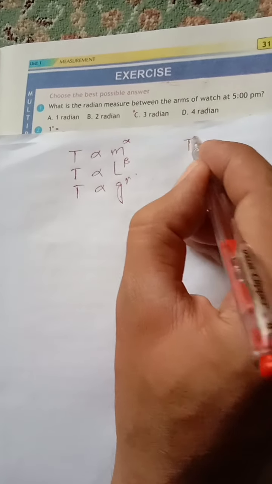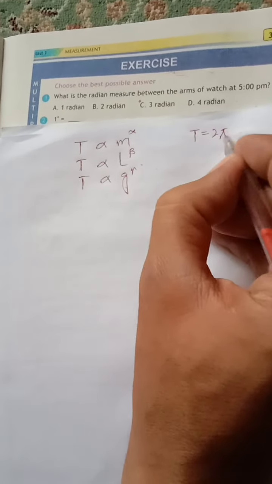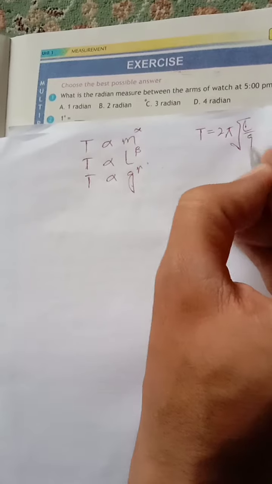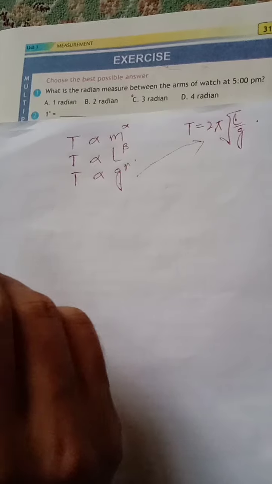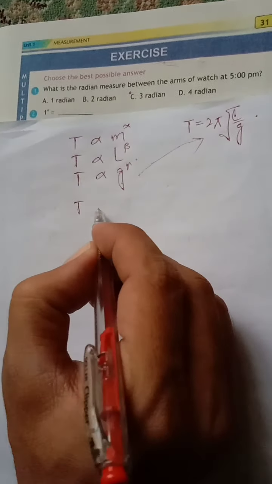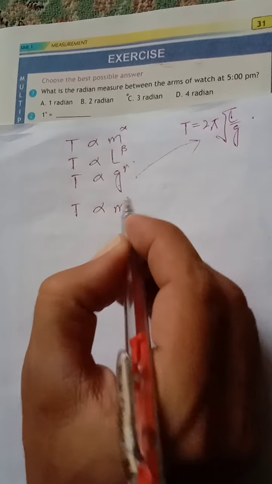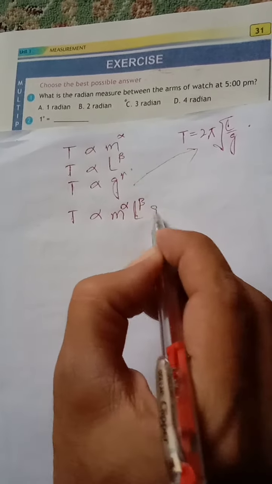Basically, we are going to derive the formula for the time period of a simple pendulum, that is T is equal to 2 pi under root L over g. With the help of dimensional analysis, we will find this relation. Okay? So let me write these three. T is directly proportional to m power alpha, L power beta, and g power gamma.